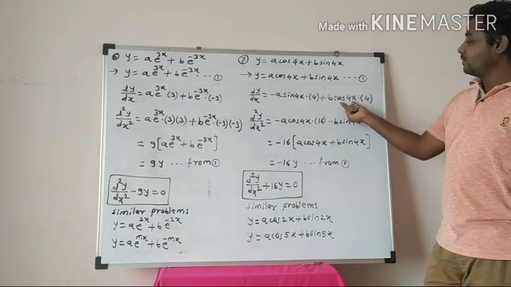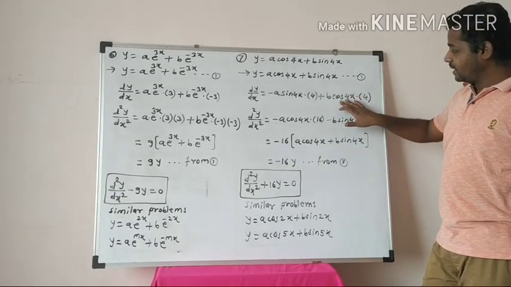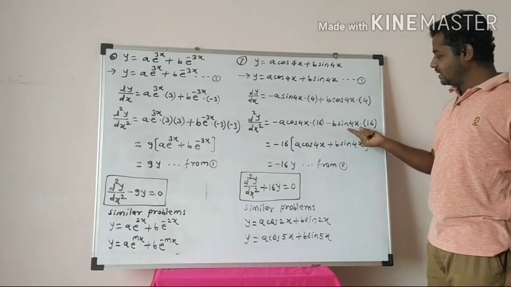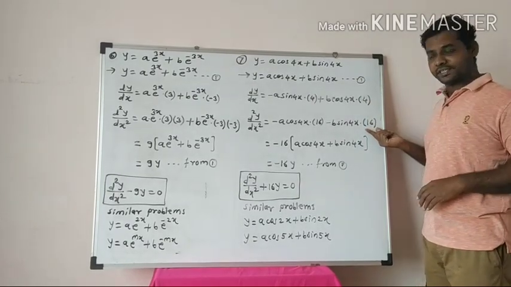Further, derivative of cos is minus sin, so plus b becomes minus b. Derivative of cos 4x is minus sin 4x into 4 and old 4 becomes 4 into 4, 16.